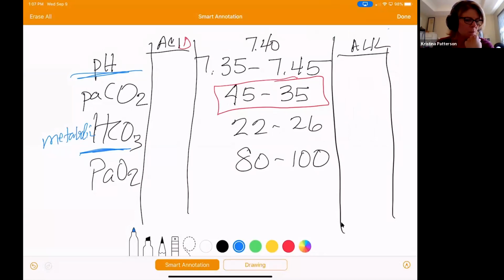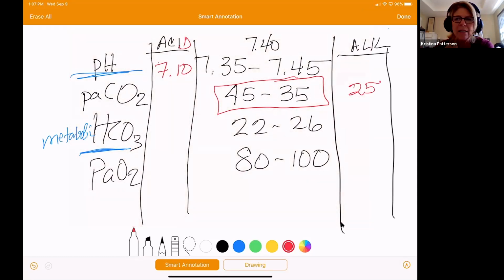This time we had a pH of 7.10. Obviously that is going to reside over here. It's less than 7.35, so C for 7.10. We have a PaCO2 of 25, so that's over here, less than 35.